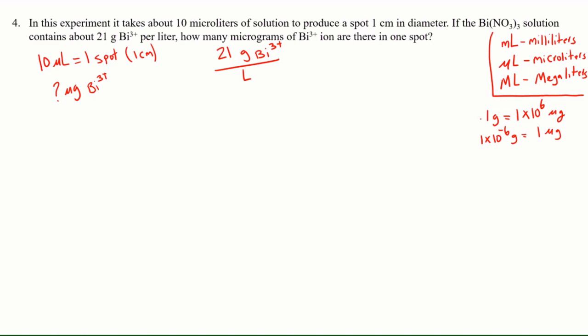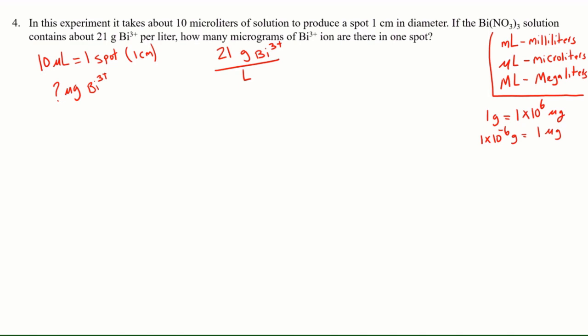I have 1 gram equals 1,000,000 micrograms. Well, 1 is a smaller number than 1,000,000. So if 1 is small, it should go with the big unit, that's the gram. And the million, because it's a big number, should go with the small unit, which is the micro, because they have to be equal. So small goes with big equals big goes with small.